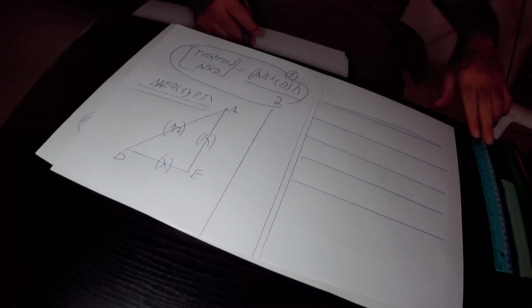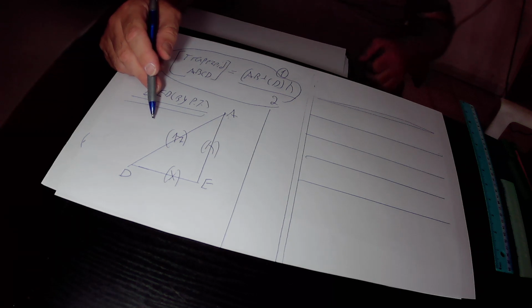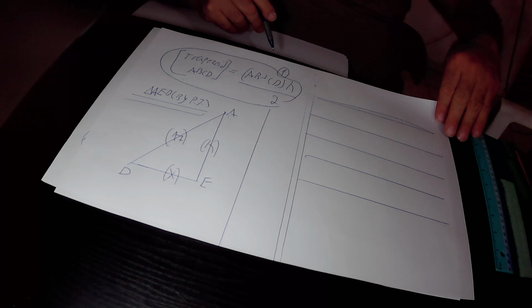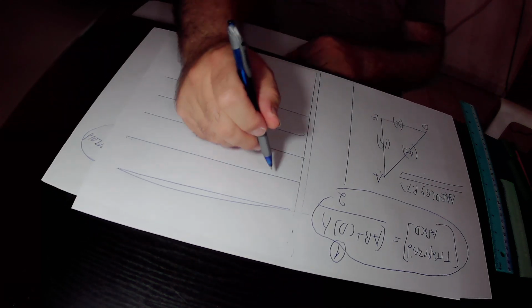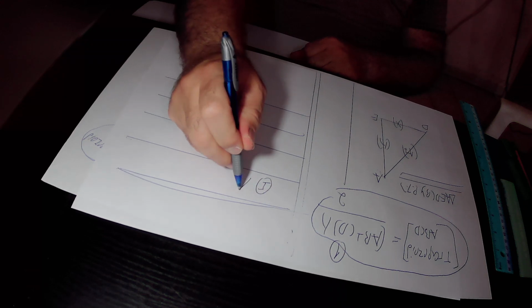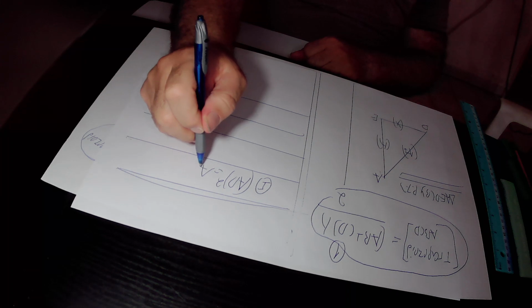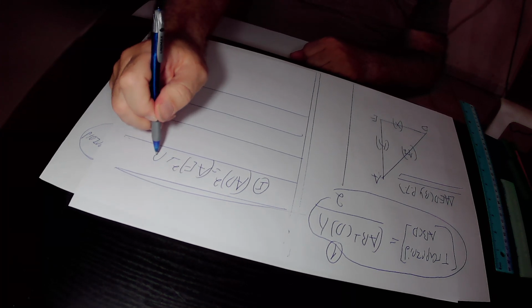According to the Pythagoras theorem, in this right triangle AED, AD squared, that is the square of the hypotenuse, equals AE squared plus DE squared. So I write it down. This will be equation 1.